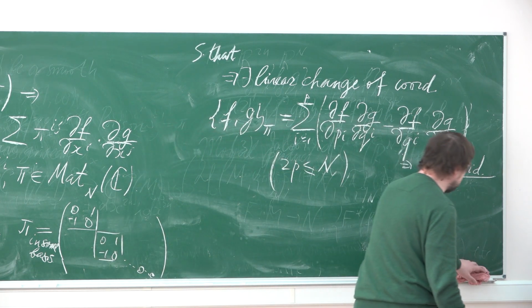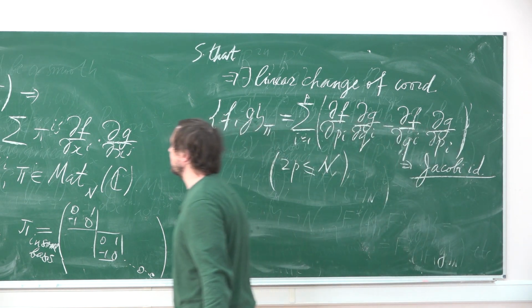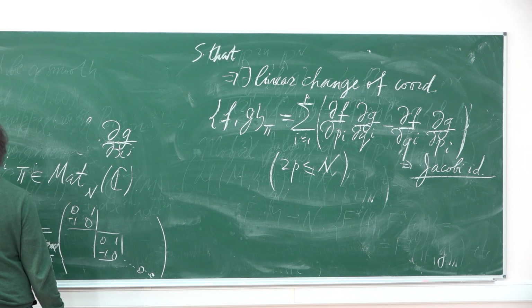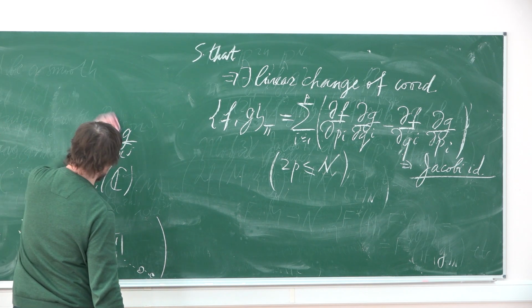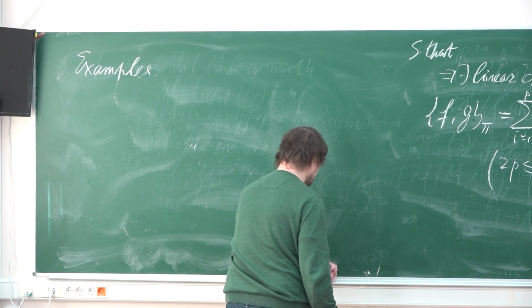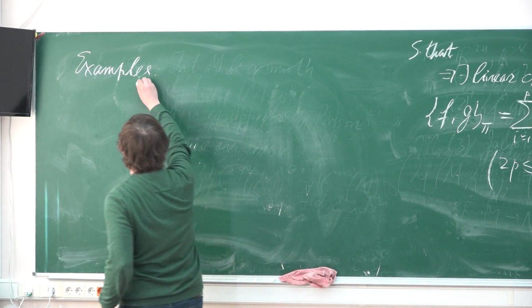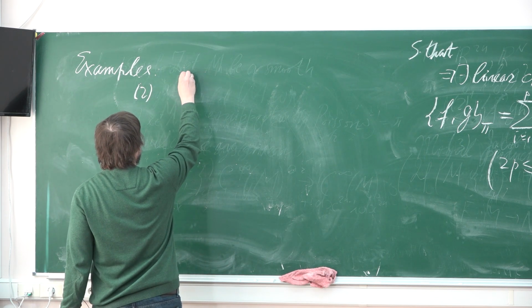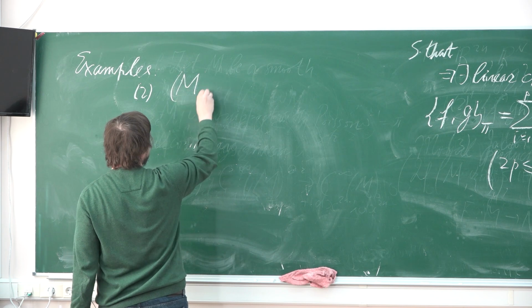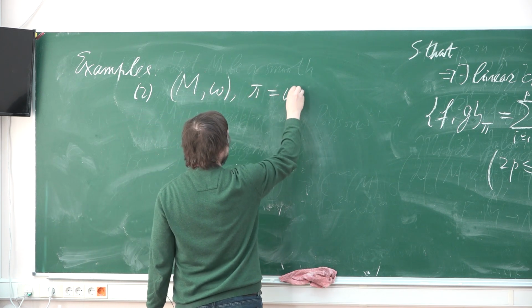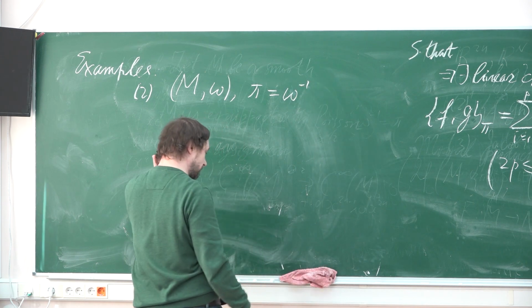The second example is quite evident also. It is the case when the Poisson structure appears from some symplectic structure. So we have some symplectic manifold with symplectic form omega, and we take pi equal to the inverse of the symplectic form.